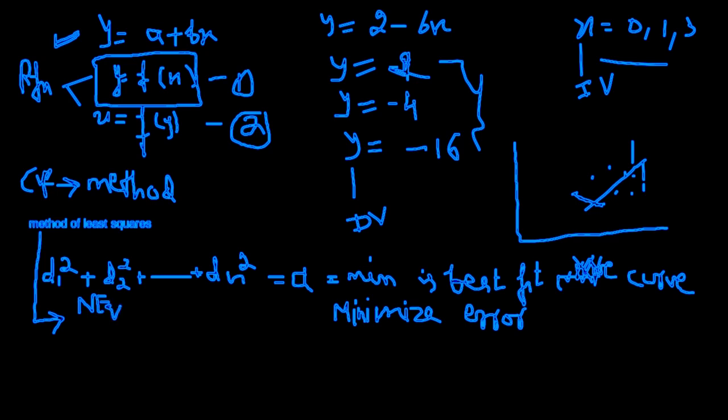So first equation would be taking summation both sides: summation y equals na plus b summation x. Next would be multiplying both sides with x: summation xy equals a summation x plus b summation x square. Fine, so we have these two normal equations.